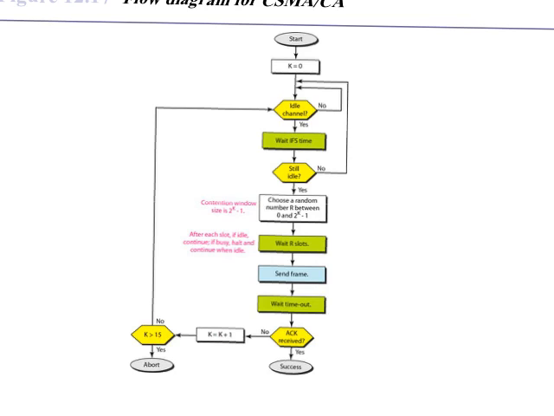And again, if I reach 15 times and there was a collision every single time, then I abort. When I abort, this means that, okay, this frame I cannot send, just throw it away, take another frame, reset k and perform the same procedure again.